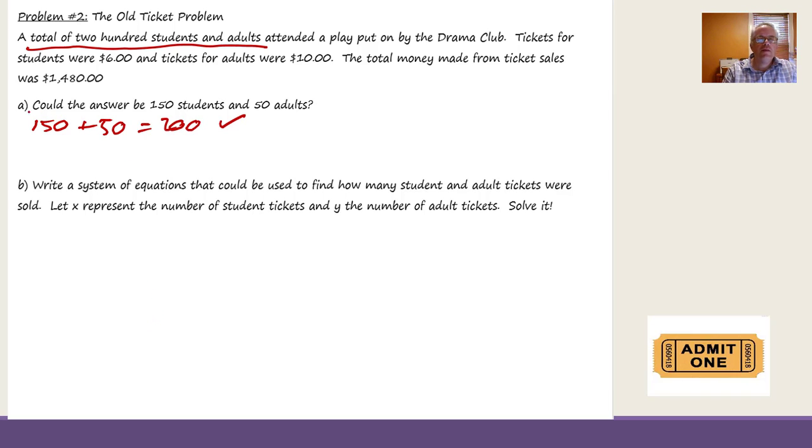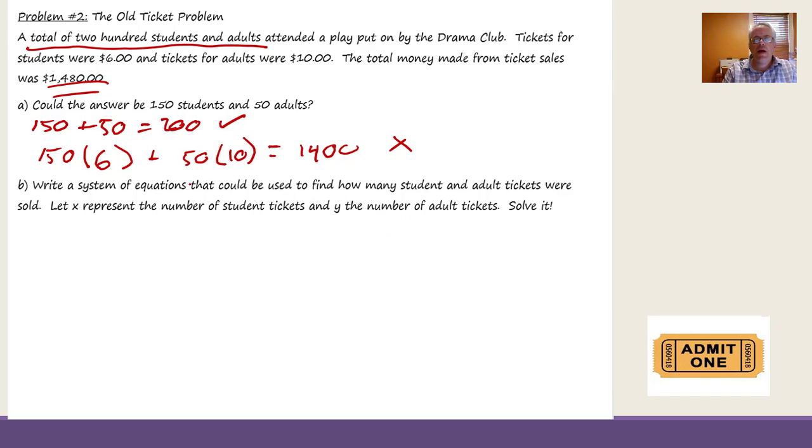The second fact is that the value was $1,480. All right, so if there are 150 students, that'd be 150 times 6 plus 50 adults times $10 each. That would equal the total amount made, and that ends up being $1,400, which is close, but not quite what we want. We want 1,480.